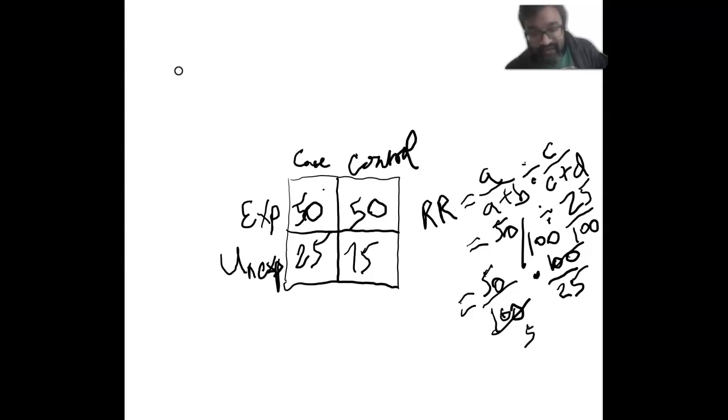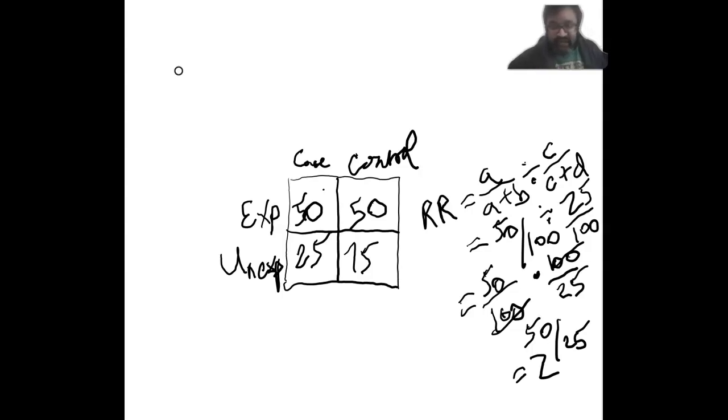What is remaining is 50 divided by 25, and that equals 2. So from all these calculations, we have determined that the relative risk of cases is actually 2 times the relative risk of unexposed cases.